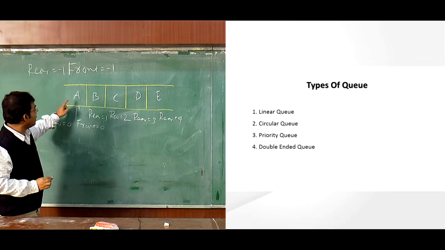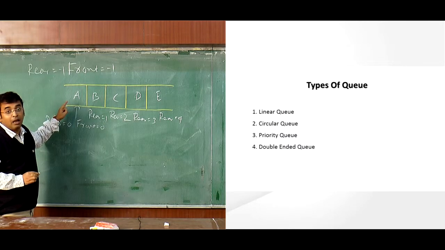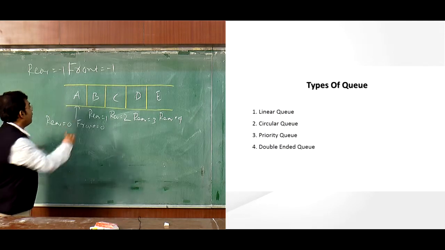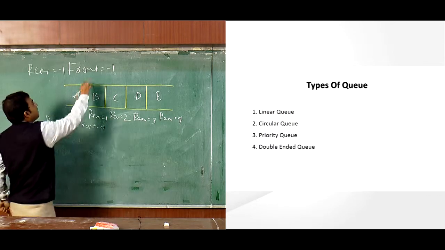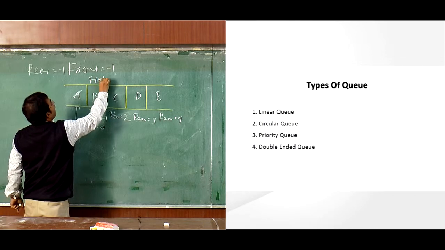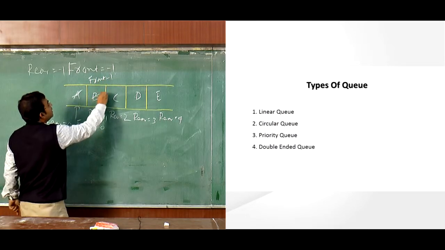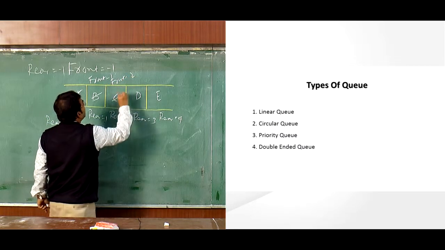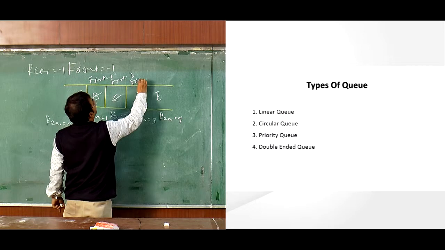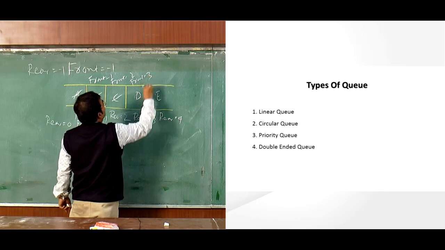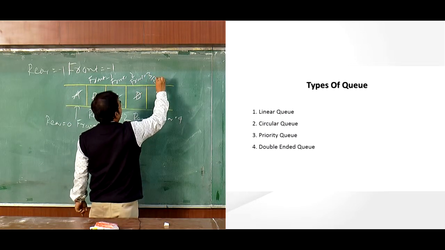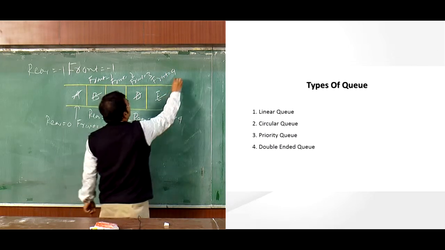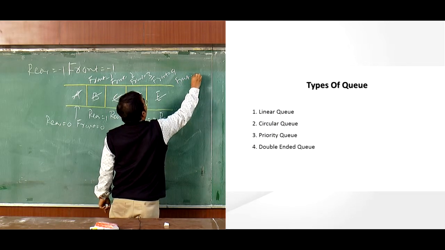But in this case, front is incremented later; first we delete the element, then front comes to 1, then delete the element, front comes to 2, then delete the element, front comes to 3, then delete the element, front comes to 4, then front comes to 5.